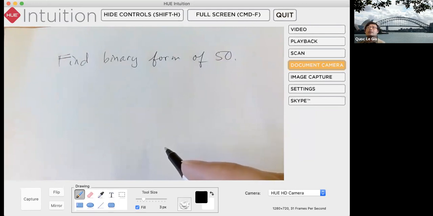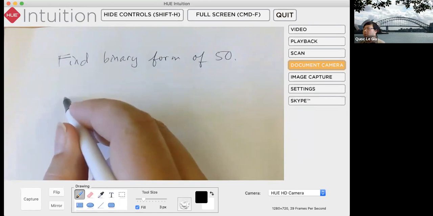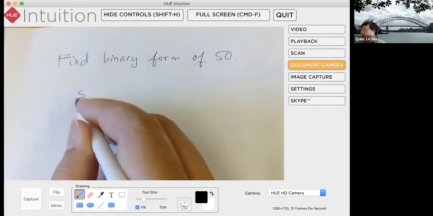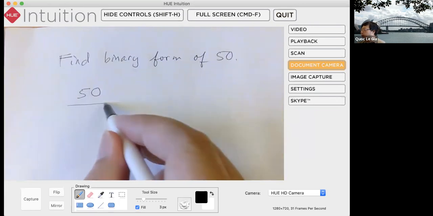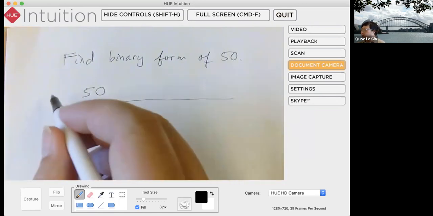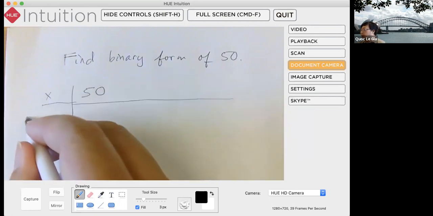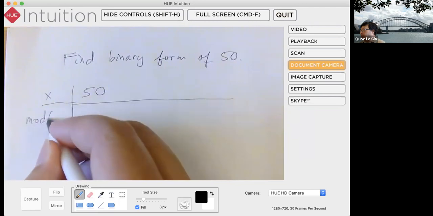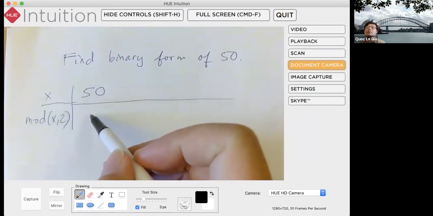Anyone? Well, you just make a simple table. You take 50 and divide it by 2, and you take the remainder. So x is the number, and x modulo 2 means you take the remainder when you divide by 2.